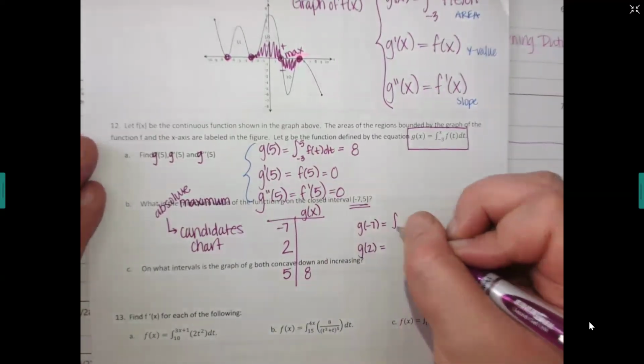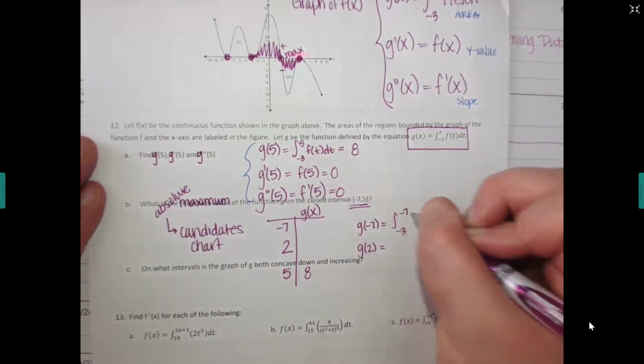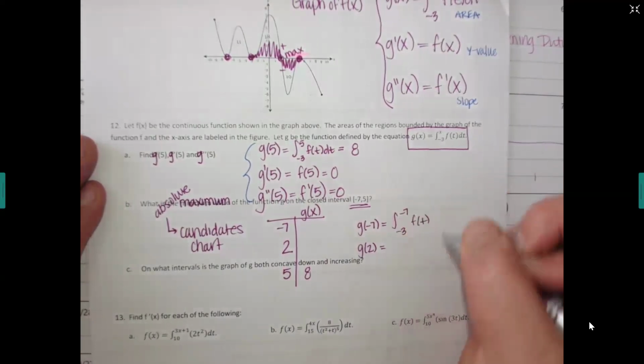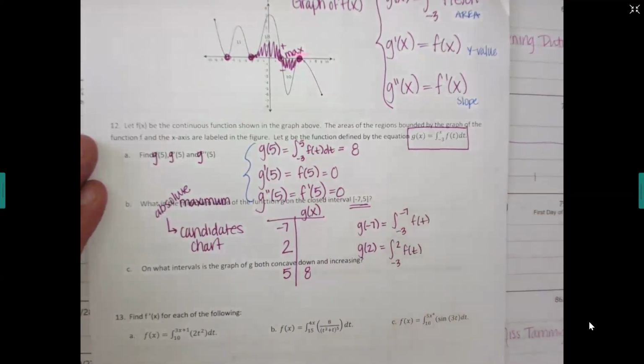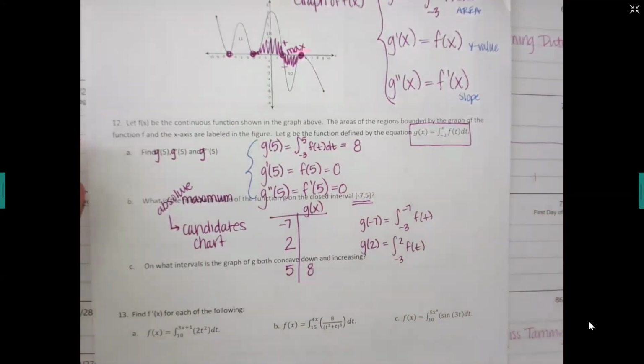Both of these are going to be integrals starting at -3 using the graph that I have shown. So first, let's do the -7. From -3 to -7, how much area am I going to trap? 11, and the 11 units are above the x-axis. Will this be a positive 11?